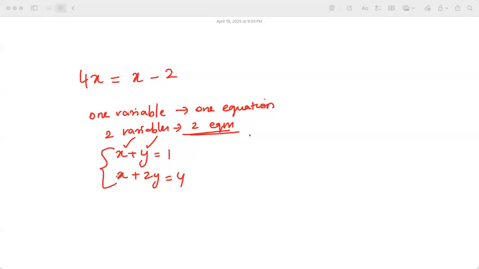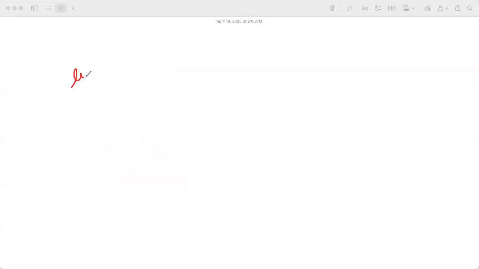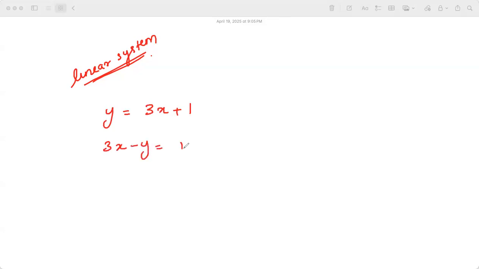When you have two or more equations with y and x, it's called a linear system. Basically, any equation involving, suppose I say 3x plus y equal to something, and I have another equation, 3x minus y equal to 1.